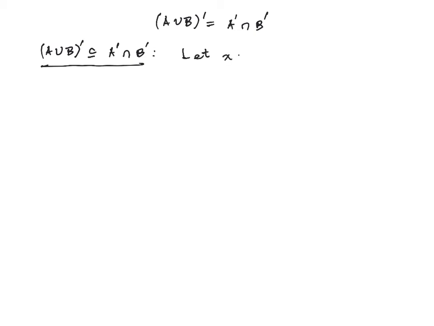So we're going to let X be in this complement of the union. So let's unravel what that means. That means that X is not a member of A union B.